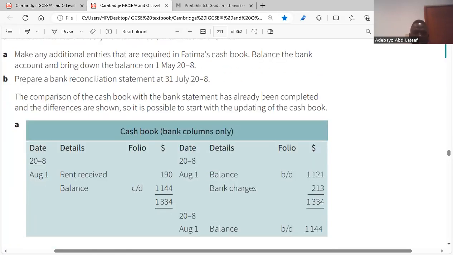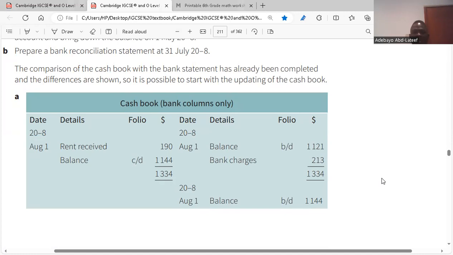Now, how do we go about it? First, we have to make the additional entries that are required in Fatima's cash book, balance the bank account, and bring down the balance. Here, we have our cash book. They said the rent received was 190.